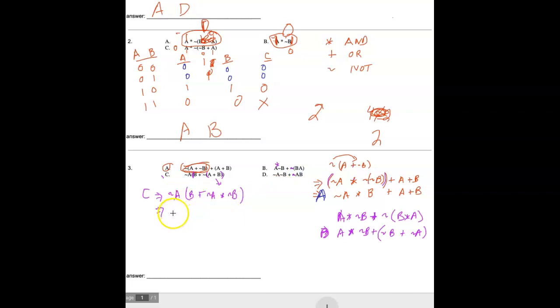Here, this would be just normal distribution. So not A times this term would be not A times B. Remember, this is a plus here. The not A times all of this would be not A times this not A times this not B.